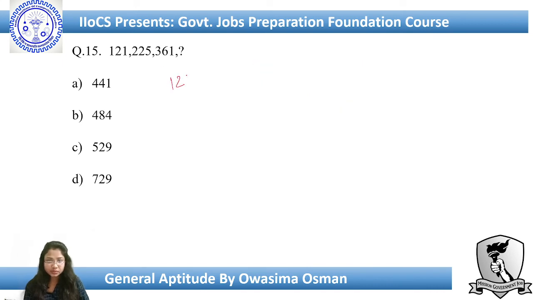There is 121 equals 11 square, and 225 equals 15 square, and 361 equals 19 square.